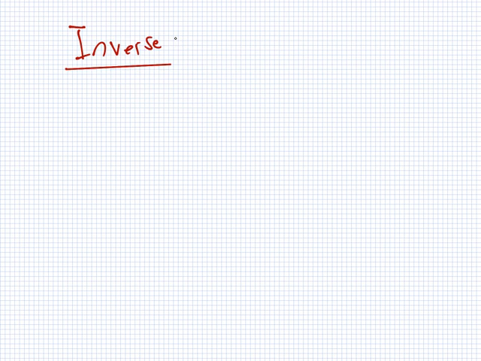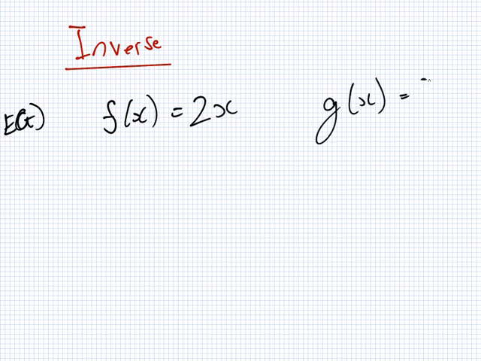Right, continuing. So, what we'd like to look at now, here is an example. Let's take two functions like this. F of x, and inverse is the name of the lesson. Let's take this function, g of x equals x over 2.